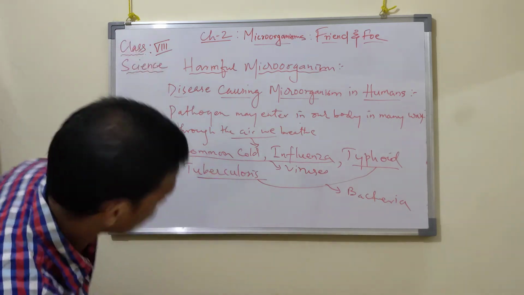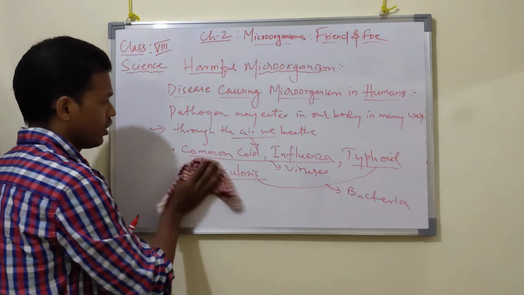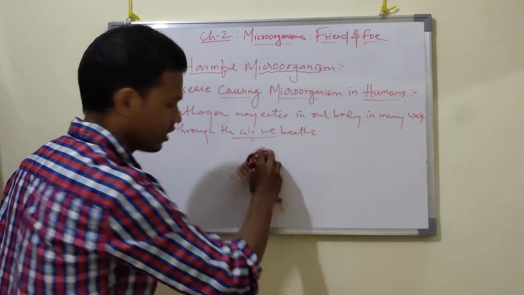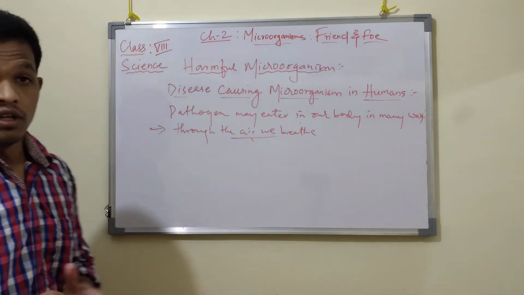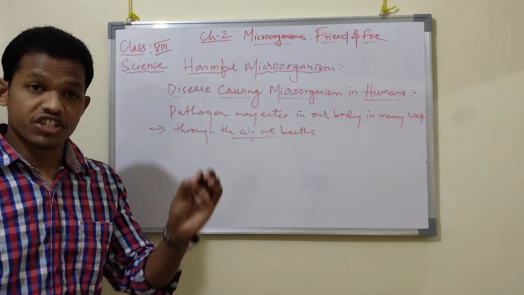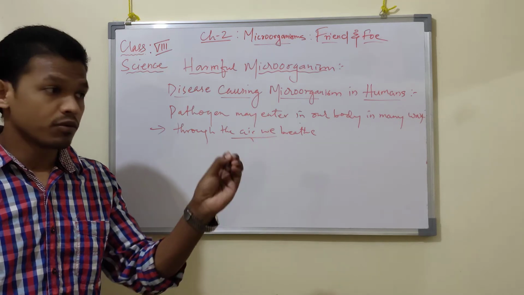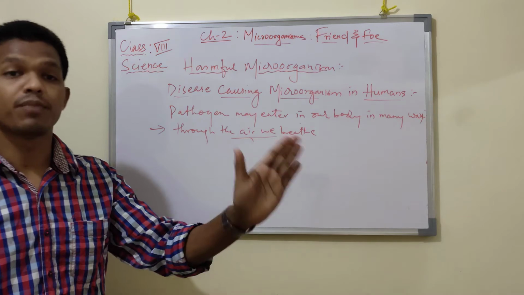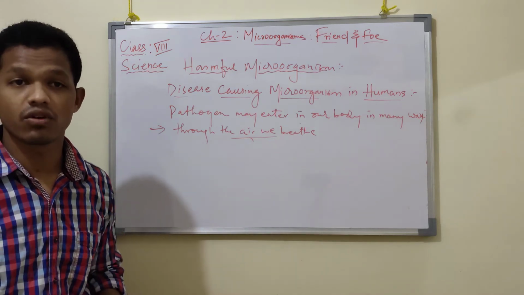So you understood, transmission through the air we breathe. Diseases that transmit from one person to another person are called what?